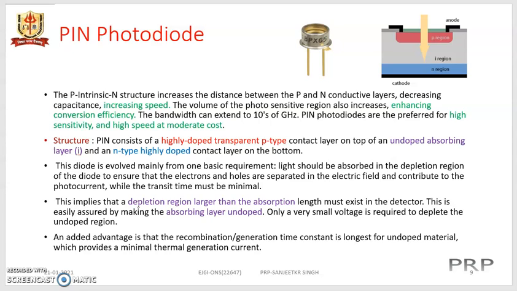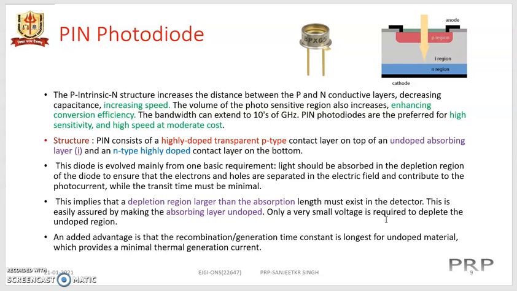So this implies that a depletion region larger than the absorption length must exist, and this criterion is fulfilled by making the absorbing layer undoped. So this region is undoped, very pure. Intrinsic means pure.